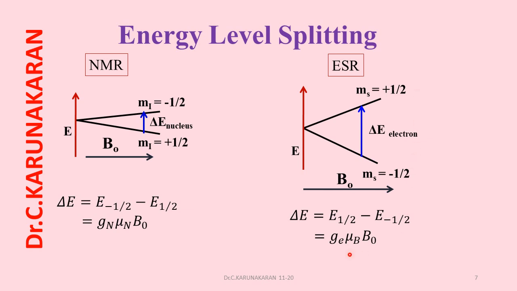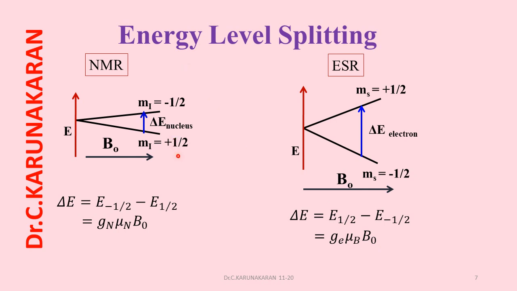Therefore, the mu B value is larger, and therefore the energy of splitting is also larger. Therefore, delta E from the previous slide can be calculated from the energy expressions: Gn mu n B naught for NMR, and the energy of separation is given by Ge mu B B naught for ESR.